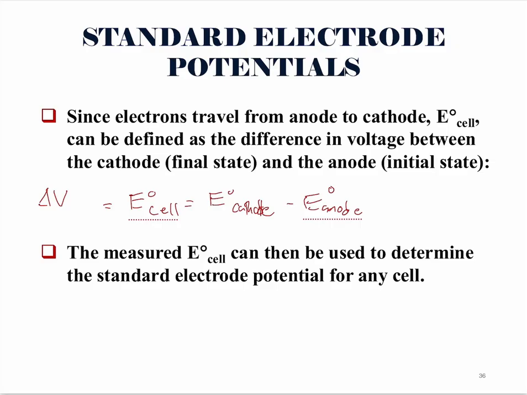This is really just the difference in potential energy, or electrical potential, for the cell. The same way a ball rolls down a hill, you start from high potential and move to low potential as you move down the hill. That's gravity. Electrical potential is the same thing. Electrons are going to move because of their charge from something with high potential to low potential.